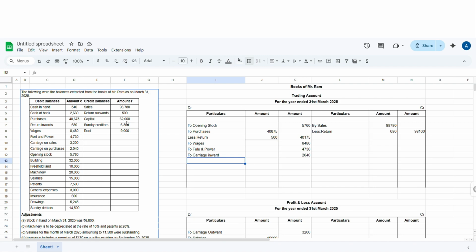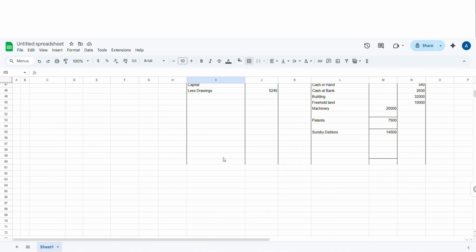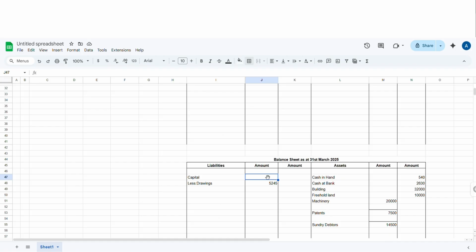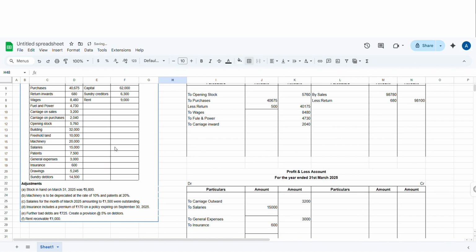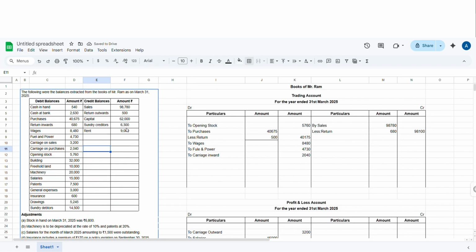Then we have capital, 62,000 rupees. Capital is recorded in the balance sheet, liability side, 62,000 rupees. Then we have sundry creditors, 6,300.